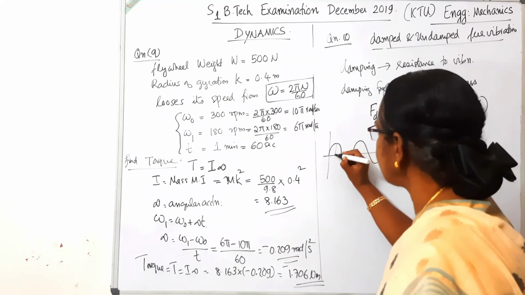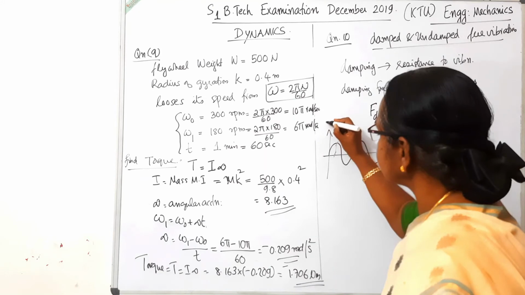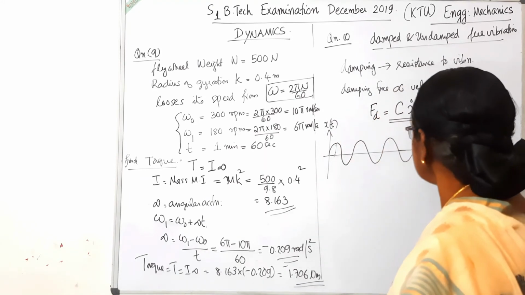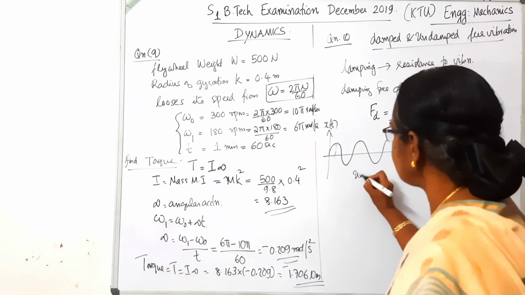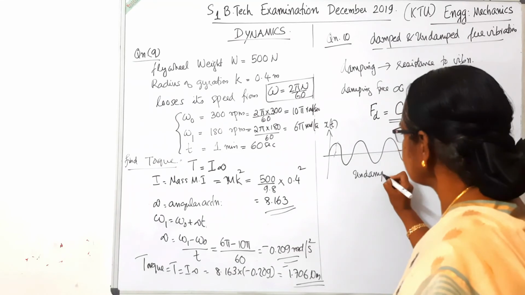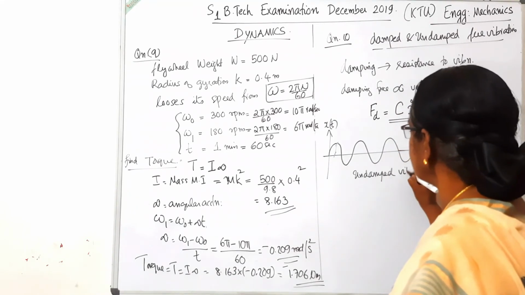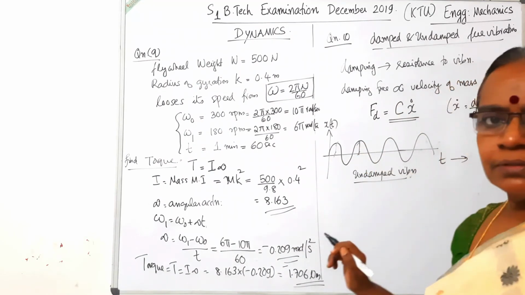This is the amplitude, maximum displacement. This axis represents the displacement x and this axis represents the variation with time. So this is an undamped system or undamped vibration. The amplitude remains the same throughout.